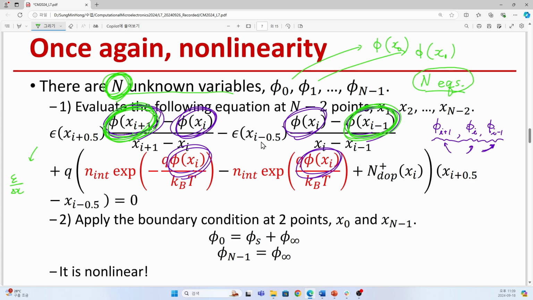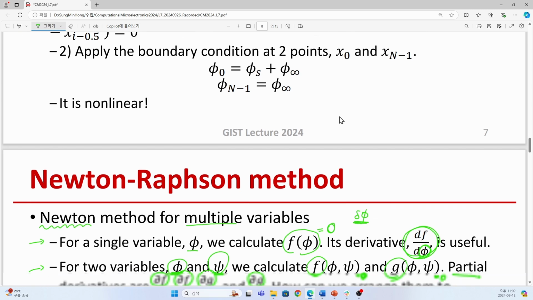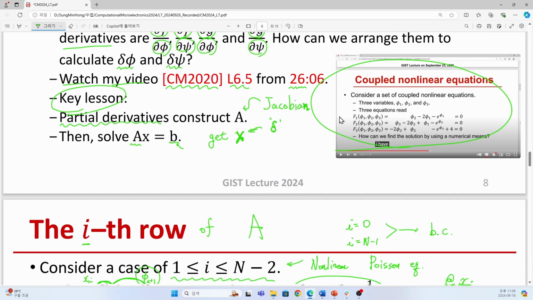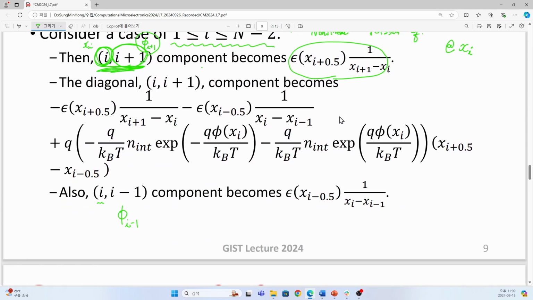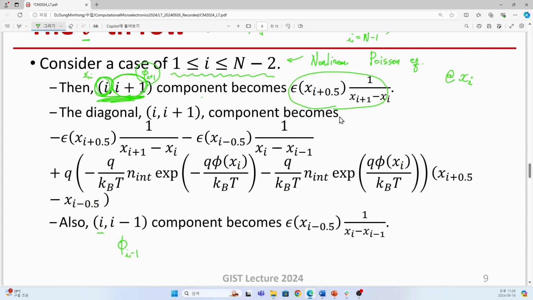Now you have a minus sign and a minus sign. They are combined together to yield the positive sign. So our result is, yes, even in this case, just epsilon over delta x.